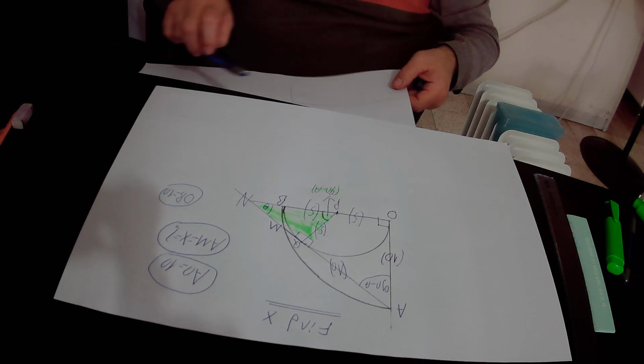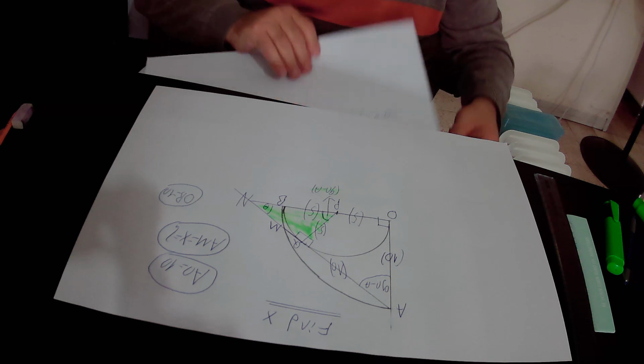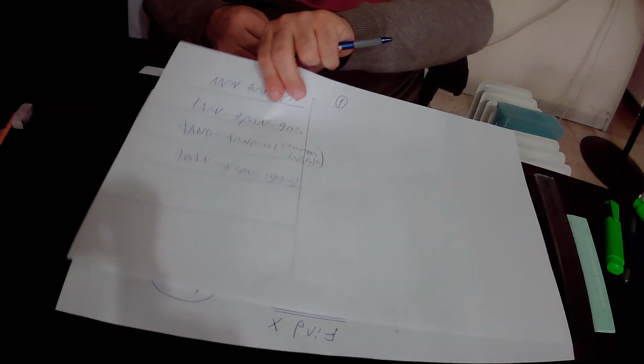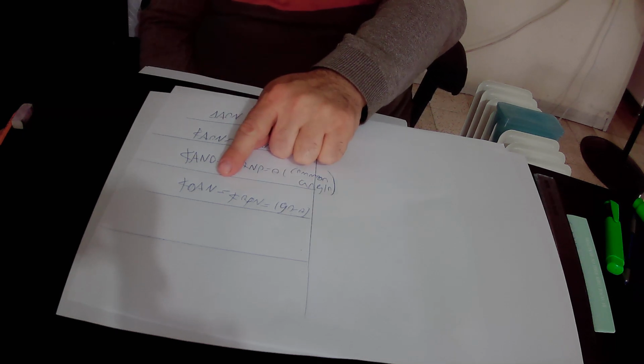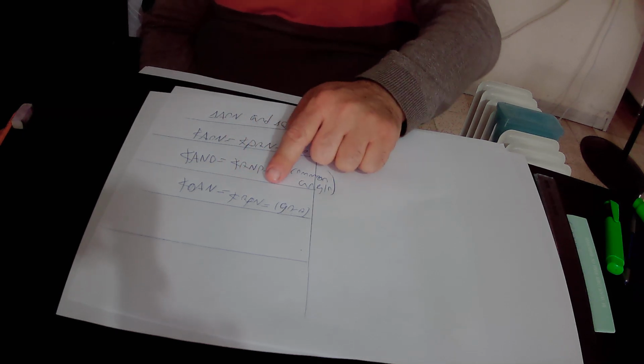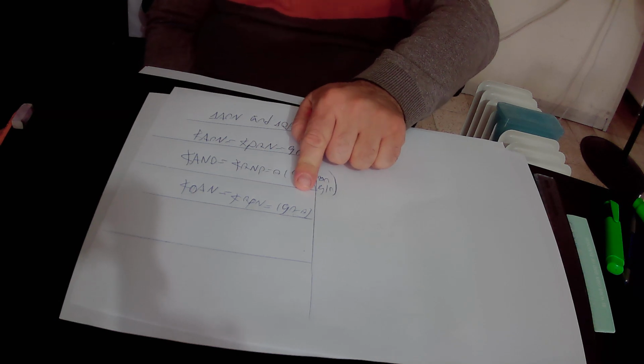Repeat again. Angle OAN in the big triangle is equal to angle QPN in the small green triangle. They are both equal to 90 degrees minus theta, therefore they are equal to each other.